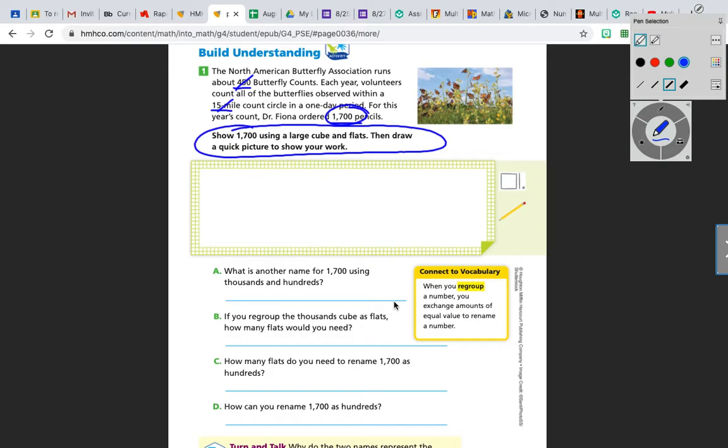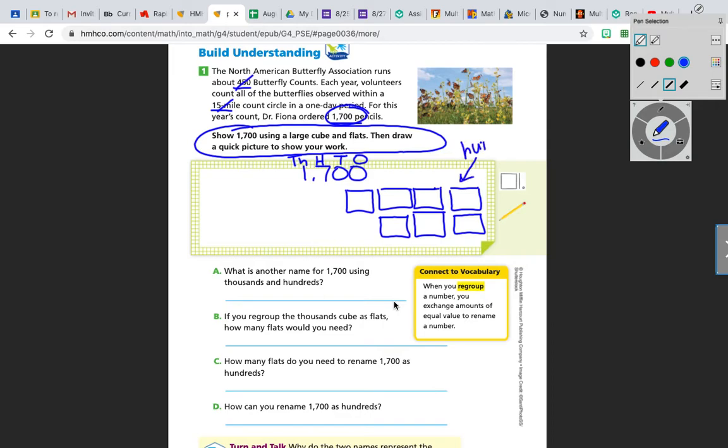So if we're going to do it with thousands and hundreds, I have 1,700, I have 0 ones, I have 0 tens, I have 700, and I have 1,000. So I don't need anything for ones or tens, but I have 700, so I'm going to do 1, 2, 3, 4, 5, 6. I have 7 flats. These represent hundreds, so I'm going to write that here so that you know hundreds flats. So those would be those little grid things like this.